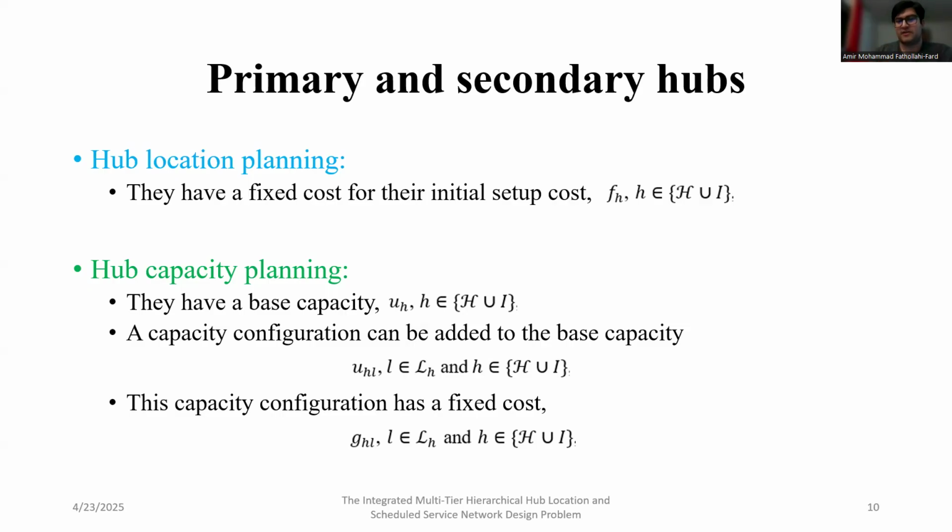So the parameter UHL defines which capacity configuration is defined for the node H, which is the hub H. So it defines the amount of capacity configuration for node H using the configuration L. And of course, this capacity configuration has a fixed cost.